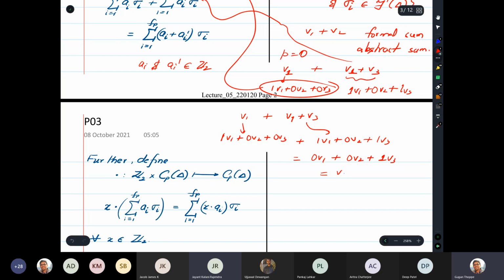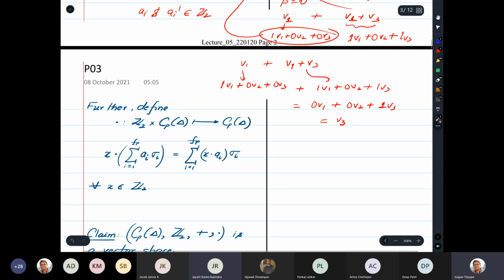We will write this for convenience as just V3. So if you try to add V1, which is one of the 0 chains, and V1 plus V3, which is another 0 chain, and follow this addition rule, you will end up with simply V3. That's how this addition rule is defined. Is this okay? All right.